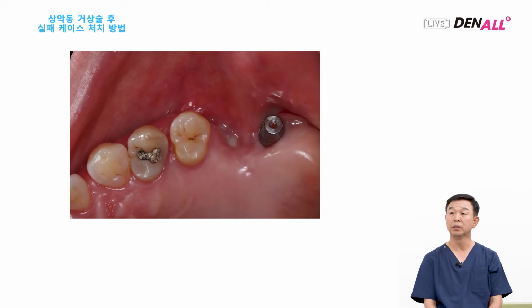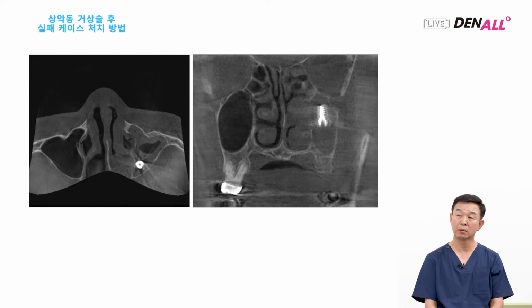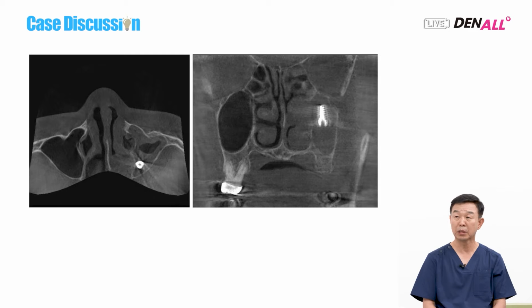The treatment I'm thinking about is that the implant in the sinus needs to be removed first to remove the source of infection. After the lesion in the maxillary sinus is eliminated and the oral antral fistula is closed, then implants can be placed.